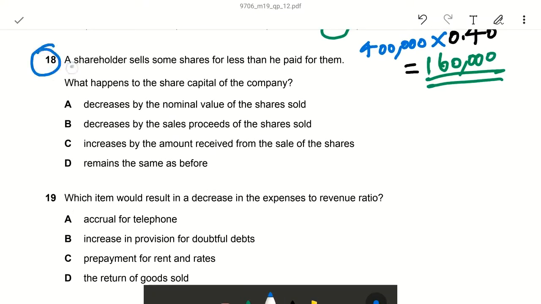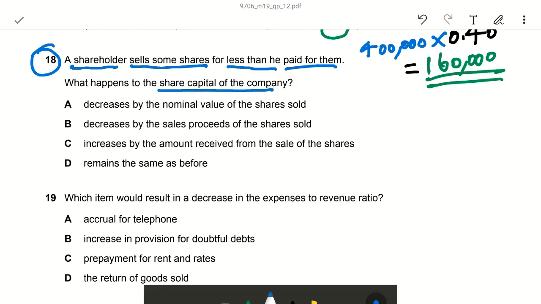A shareholder sells some shares for less than he paid for them. He is selling the shares at a loss. That means what he actually paid, he is not getting. He is selling for less than the actual price. What happens to the share capital of the company?